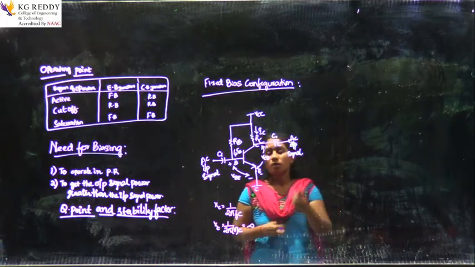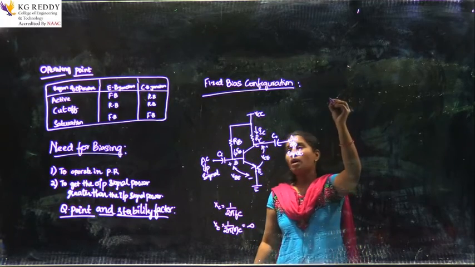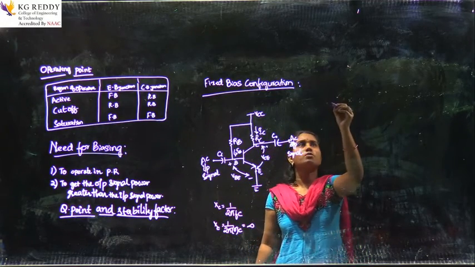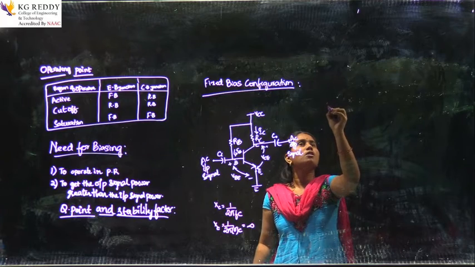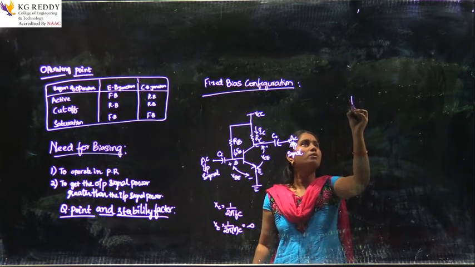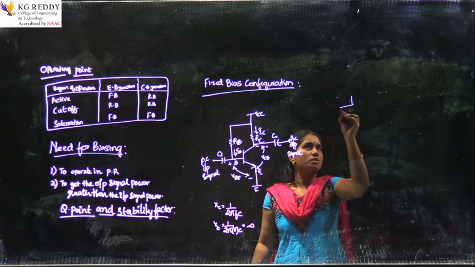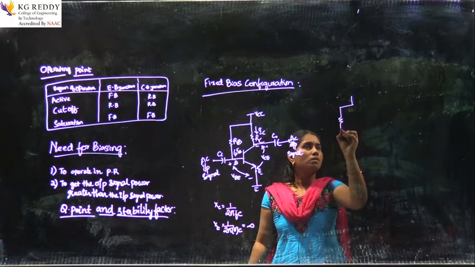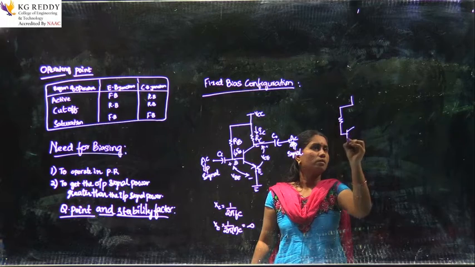So, now let us draw the DC equivalent configuration for this fixed bias configuration. When I draw the DC equivalent, I would be getting only resistors and voltages.